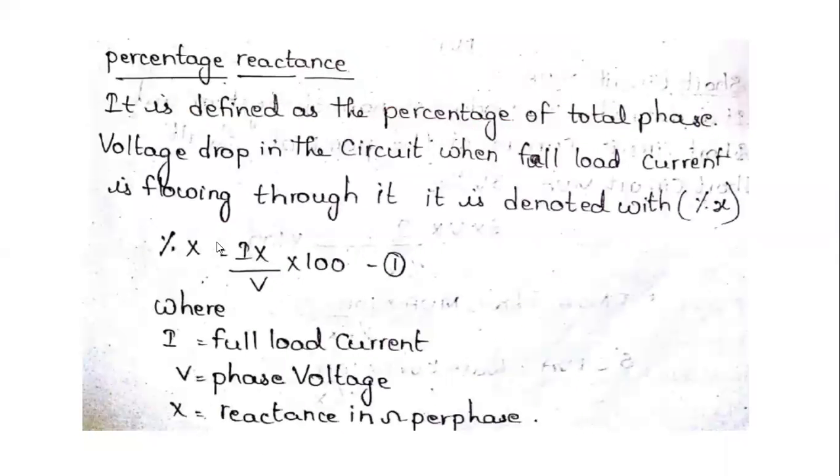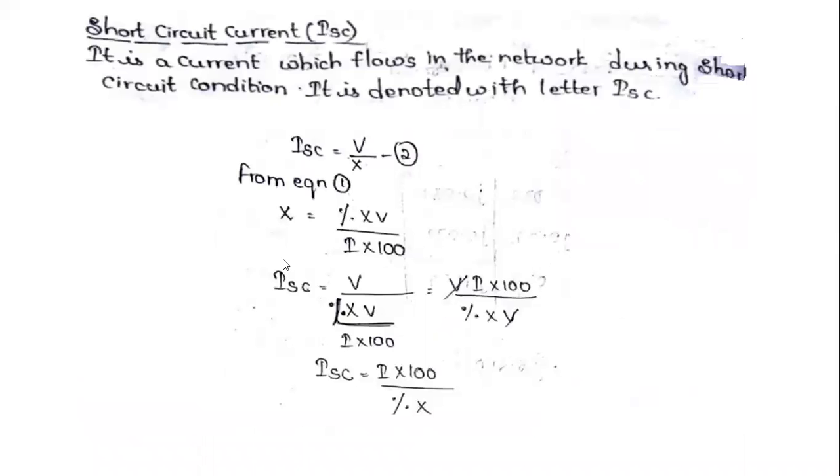This is the percentage reactance formula: percentage reactance is equal to IX by V into 100, where I is the full load current, V is the phase voltage, and X is the reactance. Short circuit current ISC is equal to I into 100 by percentage X, where I is the supply current.